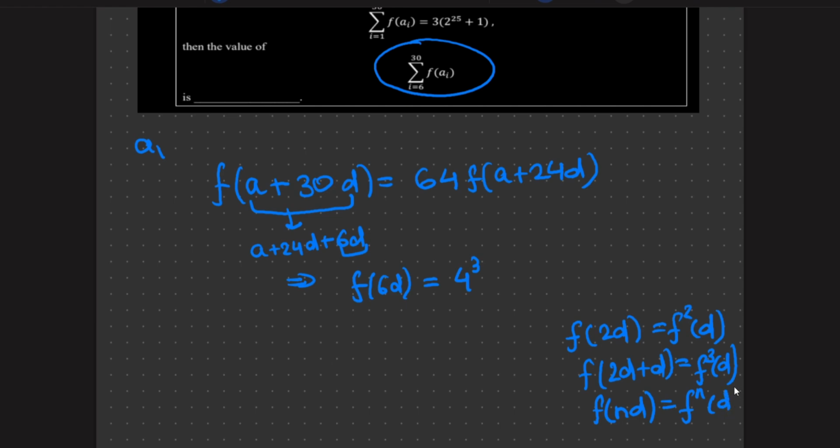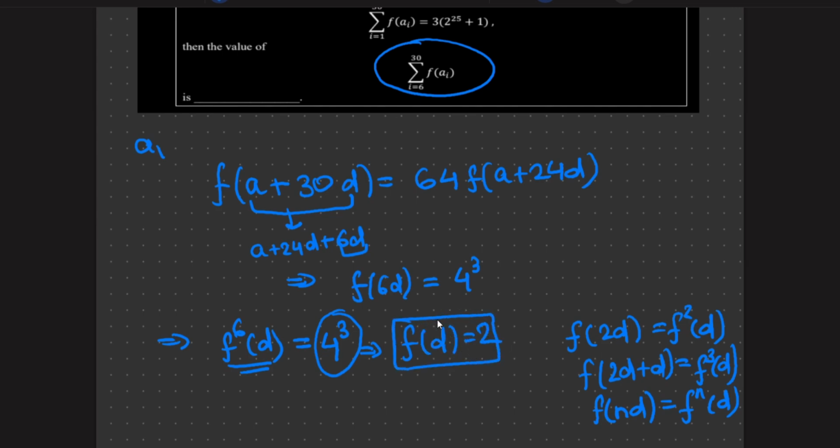Okay. So from here what I can infer is f(6d), because f(d) is really important, is equal to 4 cube. Do you know that 4 cube is equal to 2 to the power 6? So from here I can say that f(d) is equal to 2. Why can I say that? Because f(x) is positive for all x belonging to real numbers. That is given in the question itself.